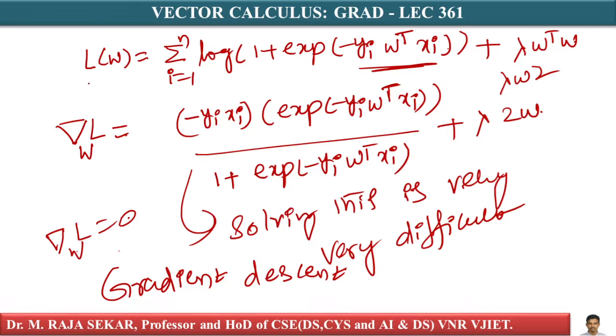For the time being, just understand that this regularizer is a function of w, where w is a vector. I have to find maxima or minima, which requires vector differentiation, but solving this is a very cumbersome, difficult process. Therefore, there is a technique called gradient descent, which is used to solve this particular equation. In my next lecture, I will discuss the gradient descent algorithm.